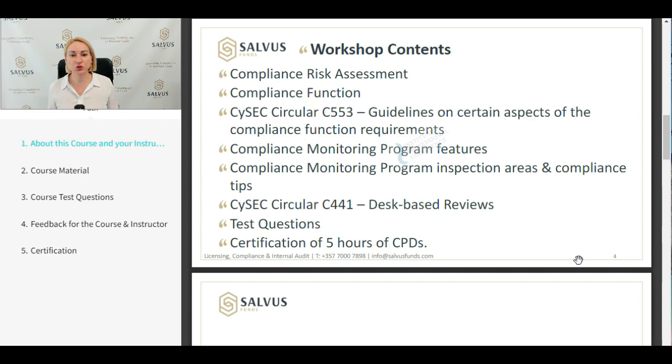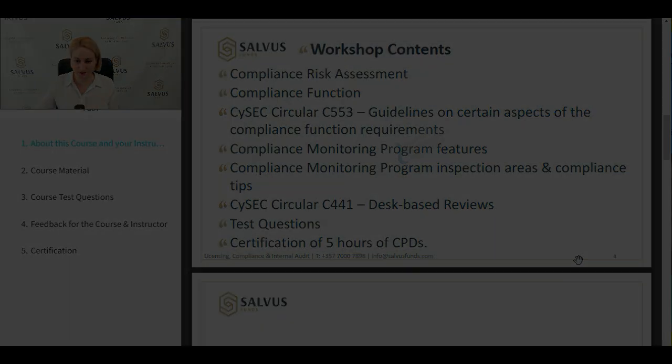We further continue with the compliance monitoring program features and inspections, areas, and compliance risks, where the tips that we give you are very essential for creating your own compliance monitoring program. We finally conclude with Circular 441, which provides CySEC's hints and insights from their desk-based reviews. We conclude our course with test questions and 5 hours of CPD certification.